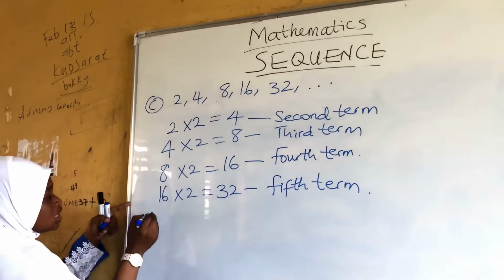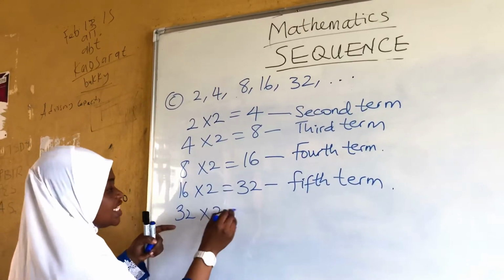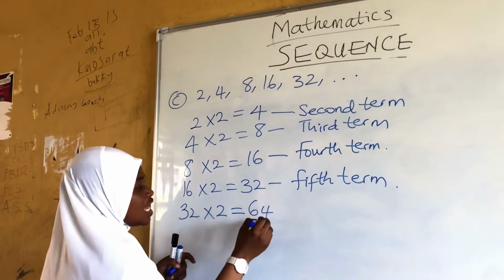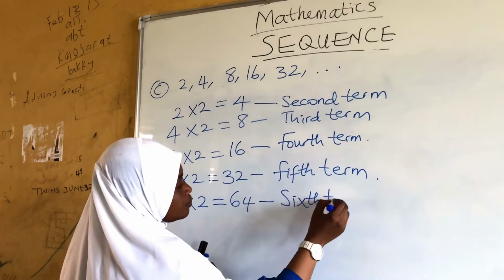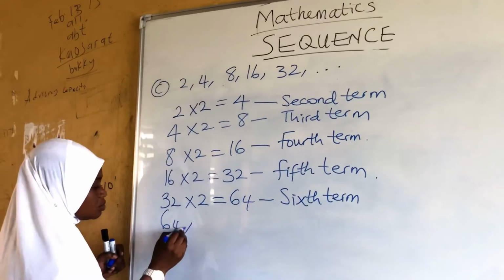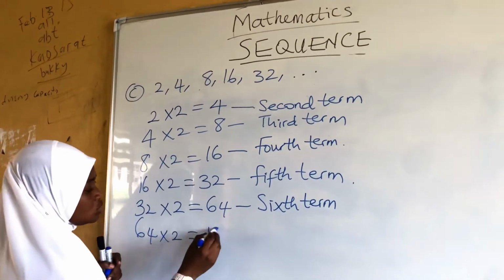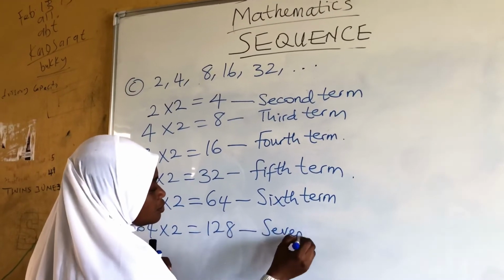So now, 32 times 2 will give us the next term, which is 64. And that one is the sixth term. 64 times 2 is equal to 128, and that is the seventh term.